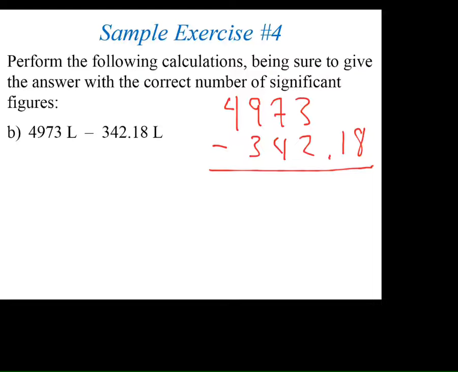Okay, so I'm going to grab my calculator. You can grab yours and we'll play along here. So, 4973 minus 342.18. I got 4630.82 liters. Yeah, that's a liter over there, sorry.